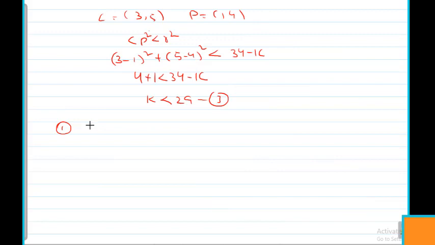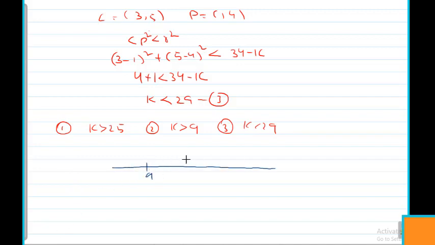So I want to write relations 1, 2, 3. One says that k should be greater than 25. Two says that k should be greater than 9. Three says that k should be less than 29. By using a number line, you can find the solution.